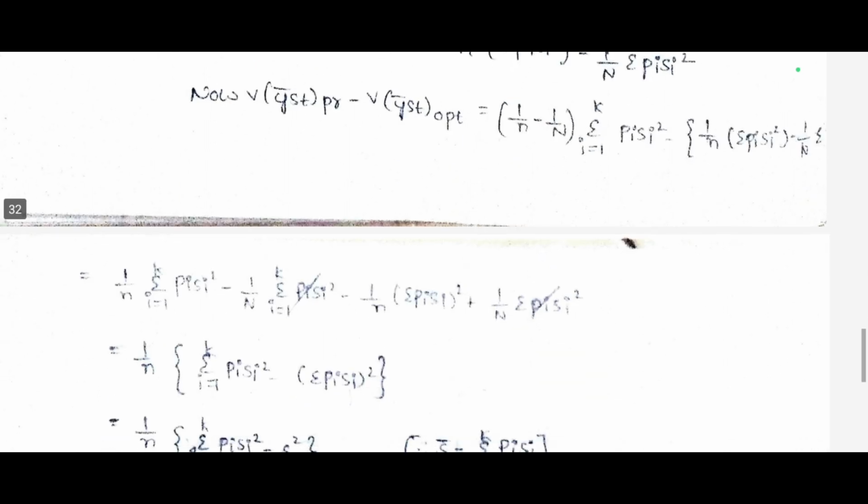Now the variance of y bar of st of proportionality minus the variance of y bar of st of optimality. If you do the subtraction, some terms get cancelled. 1 divided by n, if you take it common, then summation i runs from 1 to k of pi of si square minus summation pi of si whole square you will get.